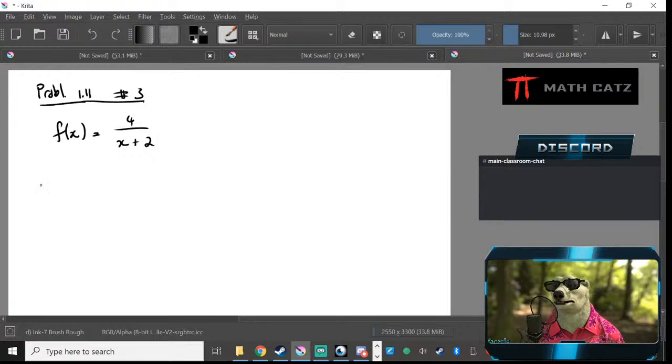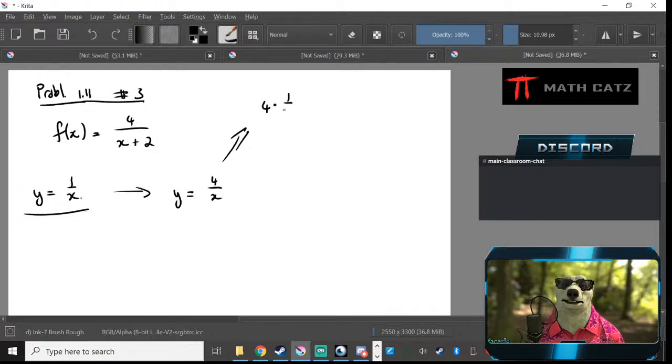So, of course, I'm going to start with y equals 1 over x. That's what this is built on. I think I can squeeze it in. Then I'm going to go to 4 times that, and I can put the 4 at the top, but it is really 4 times the right-hand side, right? And then we will lastly replace the x that I had previously with an x plus 2.